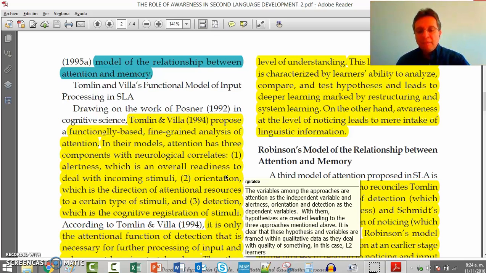With them, hypotheses are created, the three hypotheses, leading to the three approaches mentioned above. It is clear that these hypotheses and variables are framed within qualitative data as they deal with quality of something, in this case, the way L2 learners learn, or people learn.